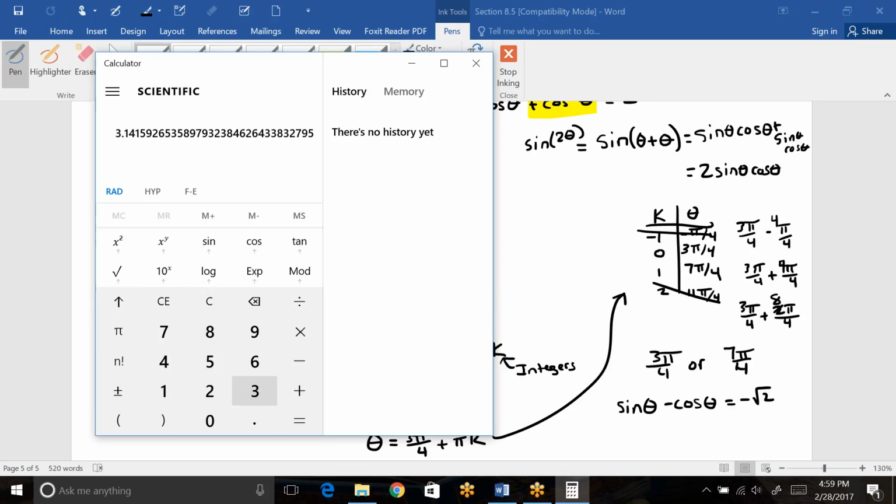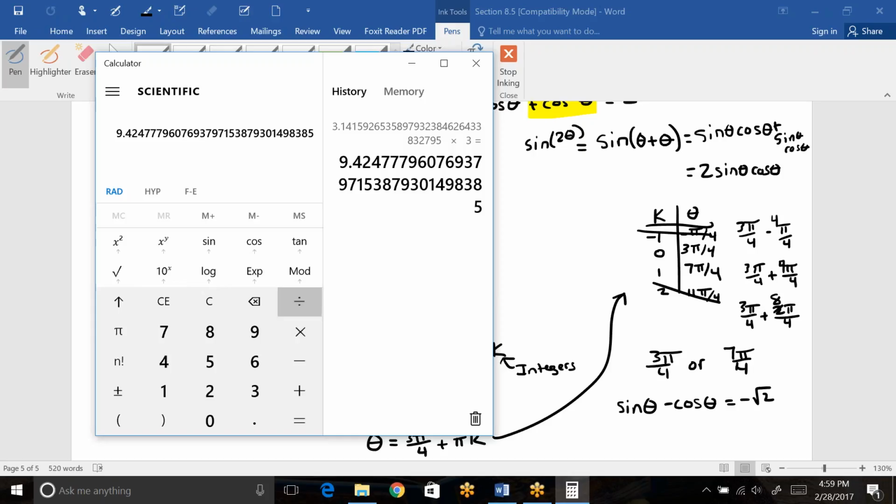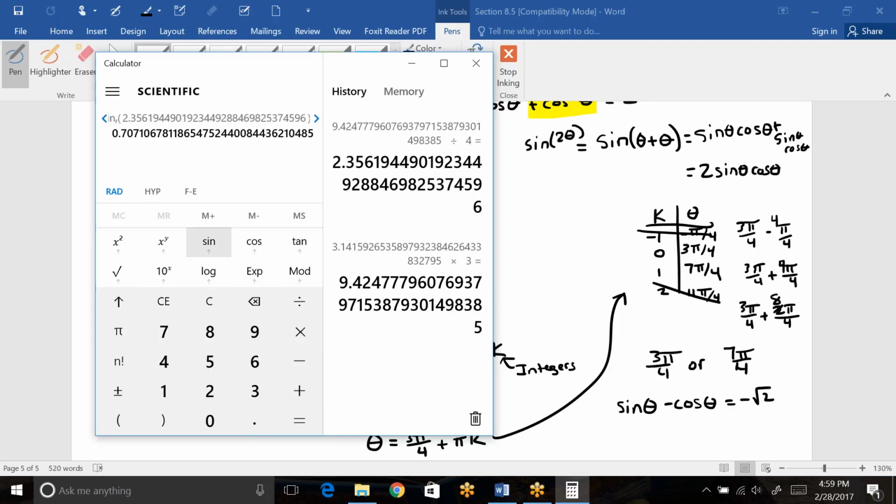So 3 pi, it didn't like the 3. So 3 times pi divided by 4, and then I'm going to take the sine of that.